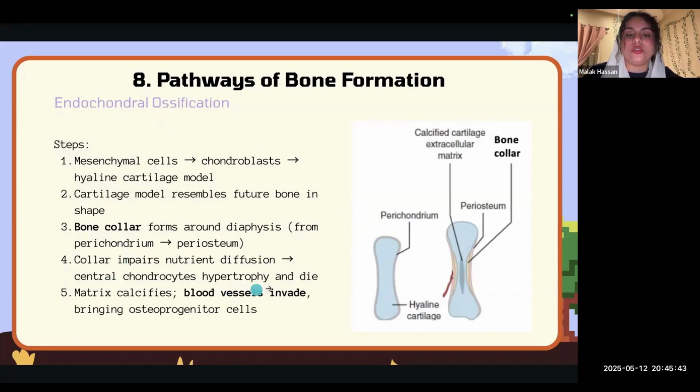And the collar is going to decrease all the nutrient diffusion, so it's going to impair it. So all the chondrocytes in the center are going to start dying, they're going to hypertrophy and die, and then the matrix will calcify and the blood vessels will begin to invade, and they'll bring osteoprogenitor cells, which are going to lay down bone.